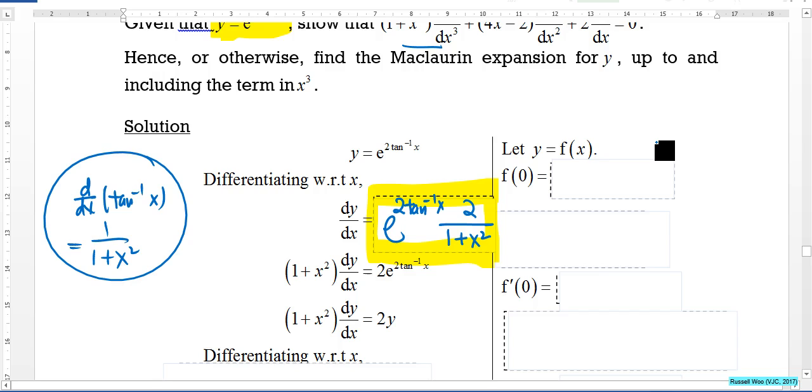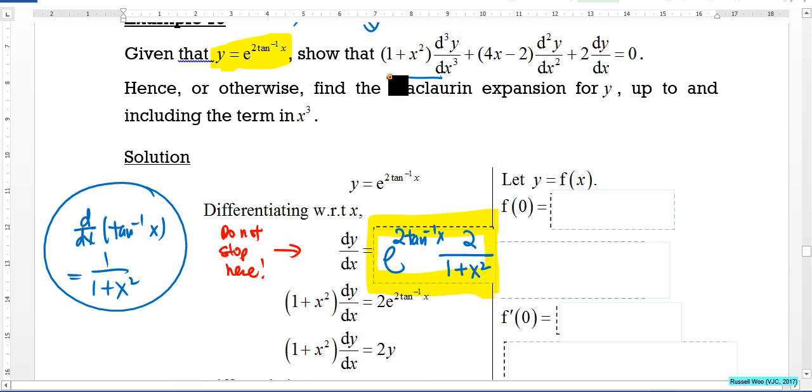Now, this is important. Can you have attention, please? Do not stop here. Why? Because this is the result that you want to prove. This result hasn't got e to the power of 2 tan inverse x.